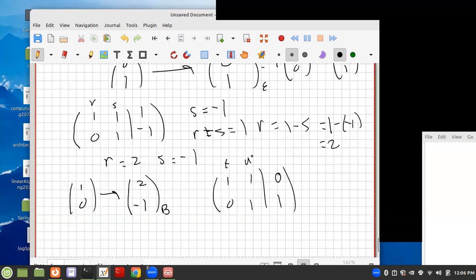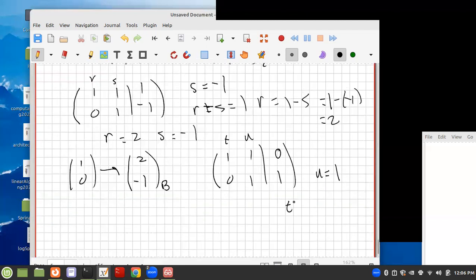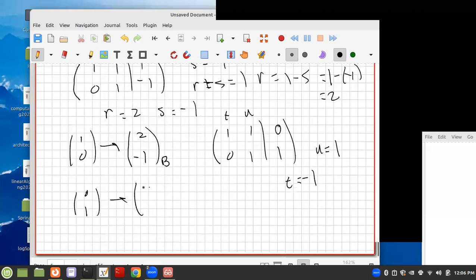And so U equals 1, and T would have to equal minus 1. So therefore 0, 1 goes to minus 1, 1, I think.